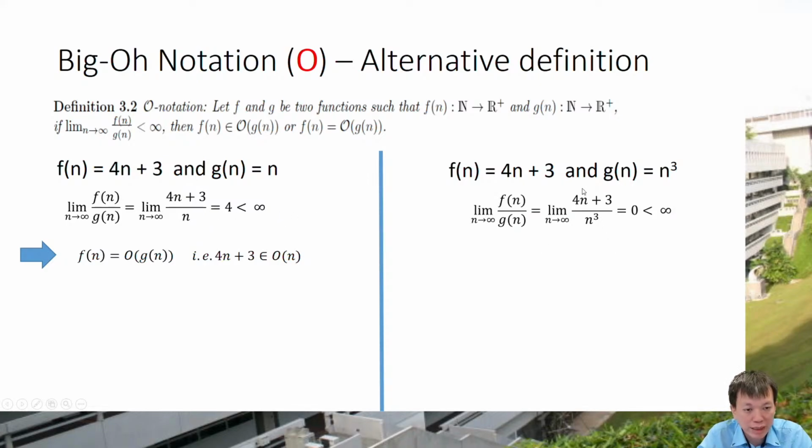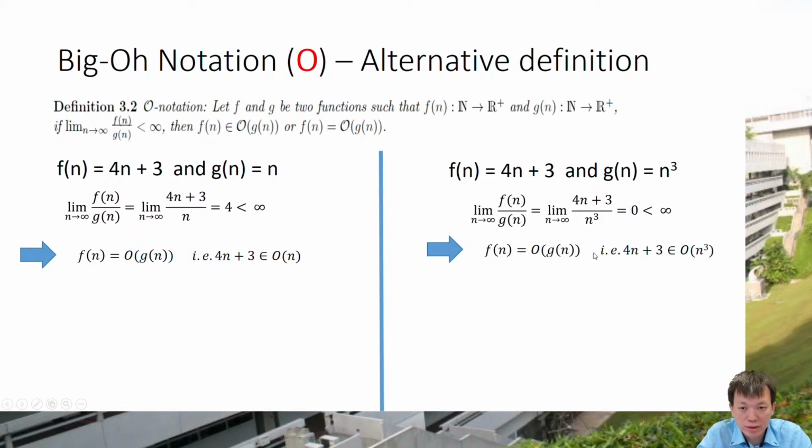Another example is 4n plus 3 over n to the power of 3. One is linear, the other is a cubic function, so the cubic will grow faster. You take the limit and you will find that it is equal to 0. Since 0 is less than infinity, based on the definition, you can conclude that f(n) is in O(g(n)).